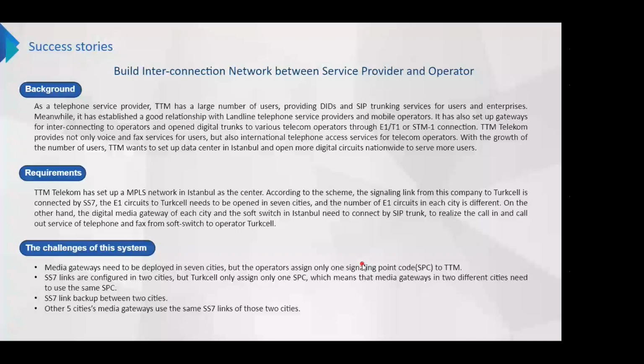Maybe one company only gives you one signal link, one link only. So you have to use one link or one SPC to link your SS7 together and build your SS7 network. Of course, sometimes you have to use E1 or T1 to create your PSTN calls. So it's a very unique and very challenging solution or requirement.